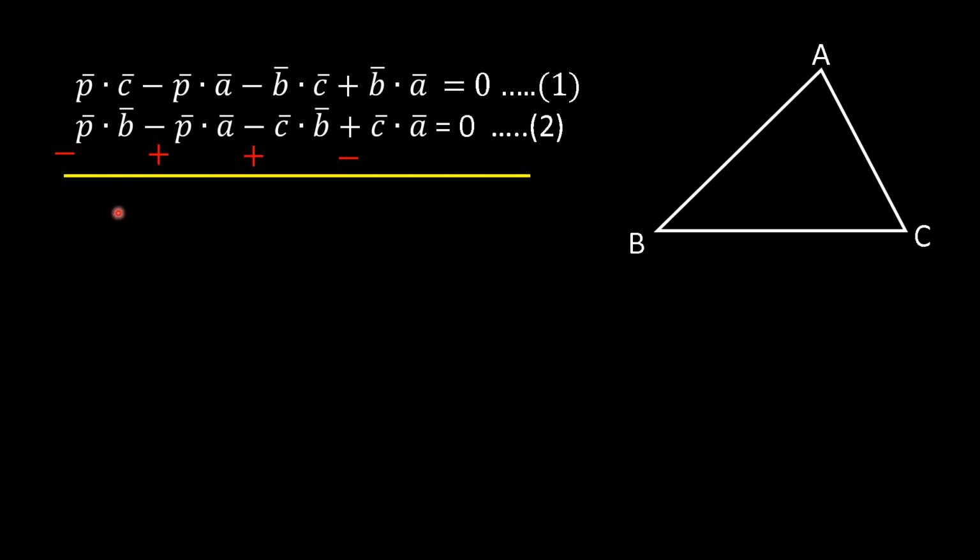And we get P bar dot C bar minus B bar, this will be 0, this will be 0, this will be A bar times B bar minus C bar, which is 0.